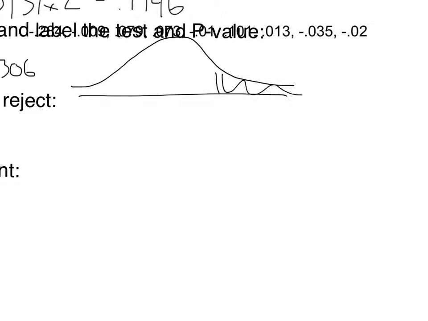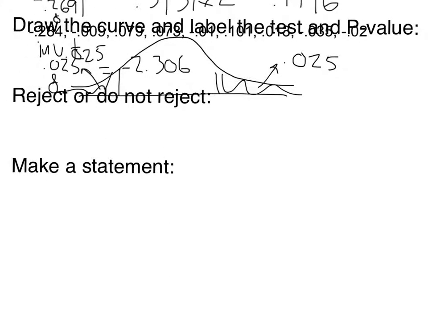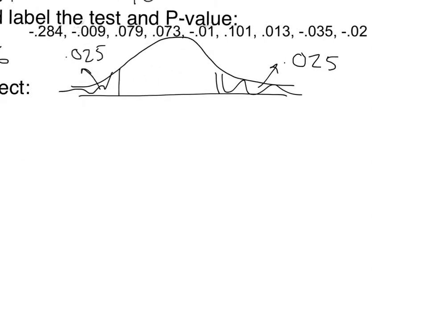Okay, now we're going to draw our graph. Two-tailed, as we discussed, makes it 0.025 on both tails, since alpha is 0.05. And we know that the critical value is negative 2.31.